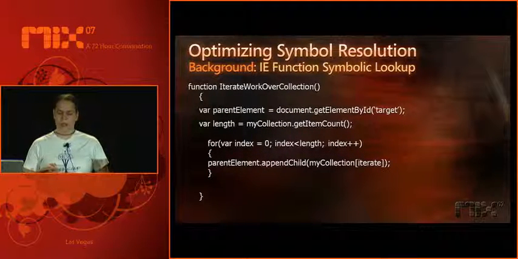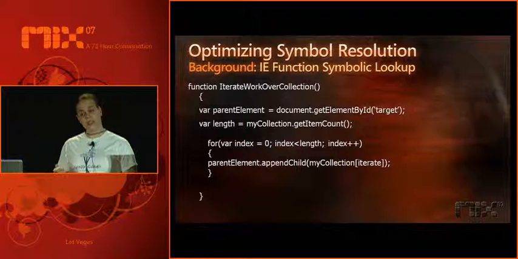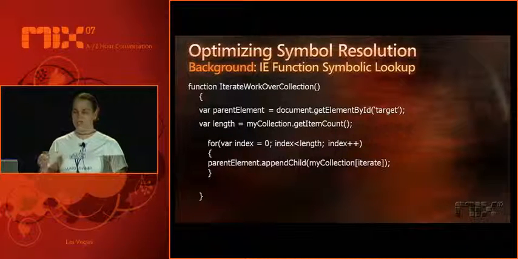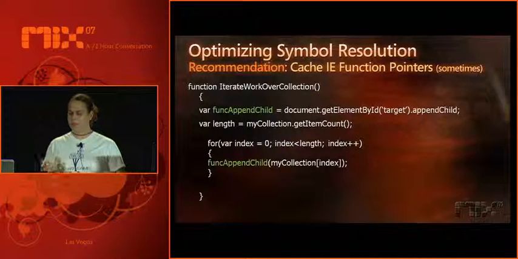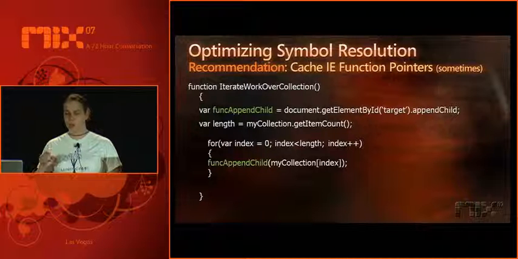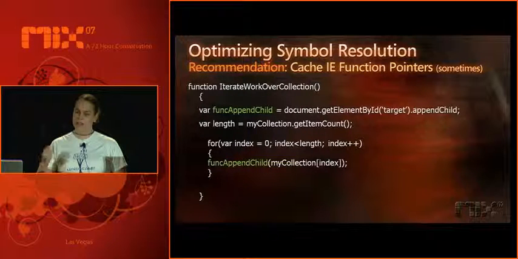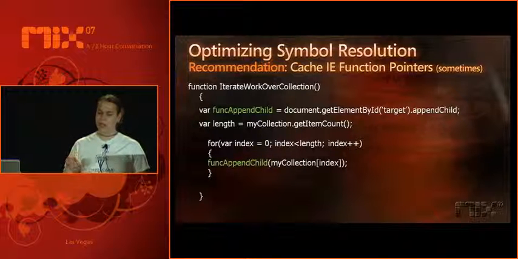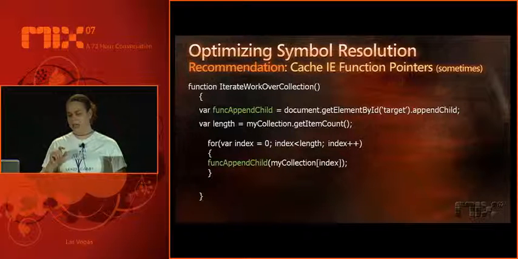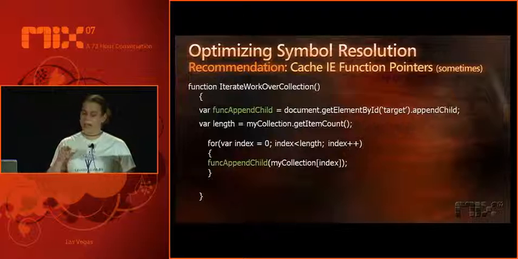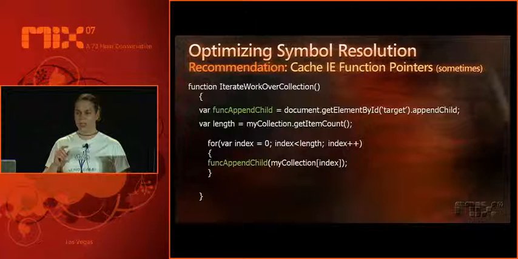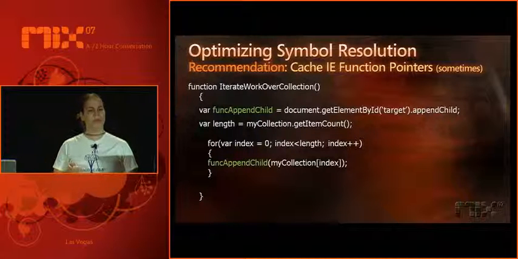For IE symbolic lookup, we have a significant performance improvement by caching IE functions. What I'm doing here is caching the pointer to the function appendChild, and since I'm iterating over it multiple times, I still have my collection that I'm looking up outside of the scope of this function, but I am using a local var here as a function pointer to IE's DOM.